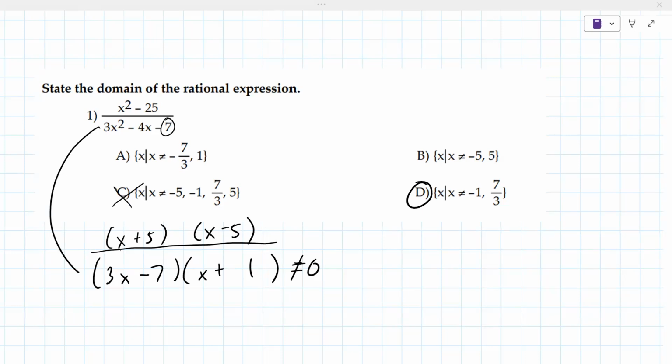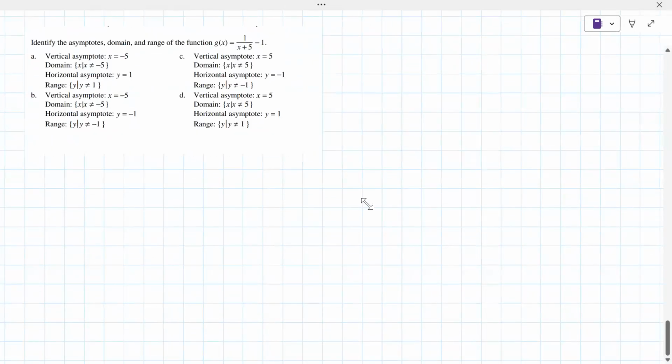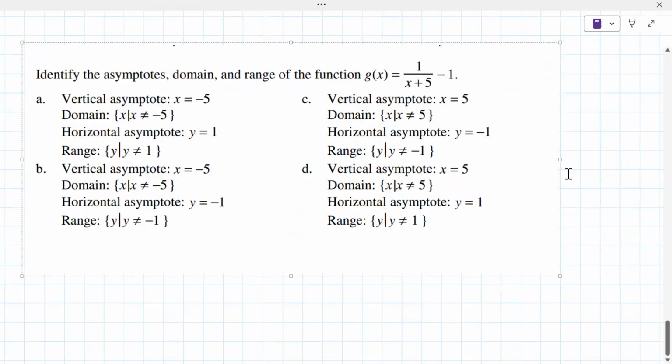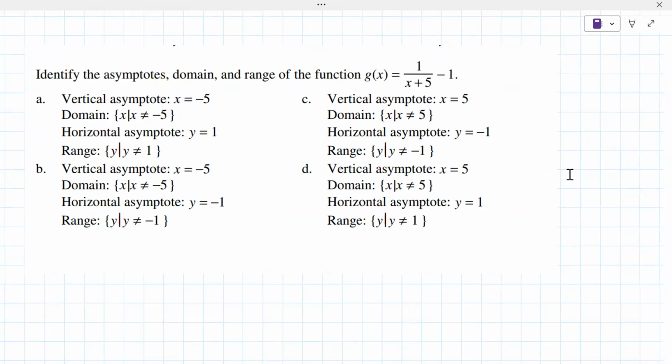Okay, here's another one. You may have to make a single fraction if you're not sure how to do it, but it's similar to what we've done, though maybe you haven't seen one of these in a while.